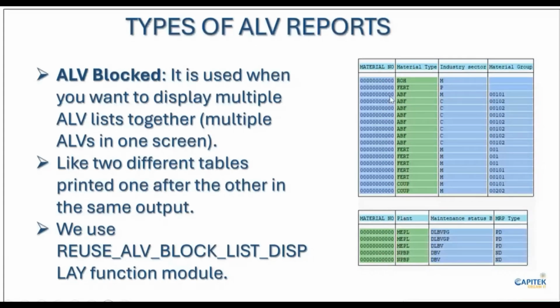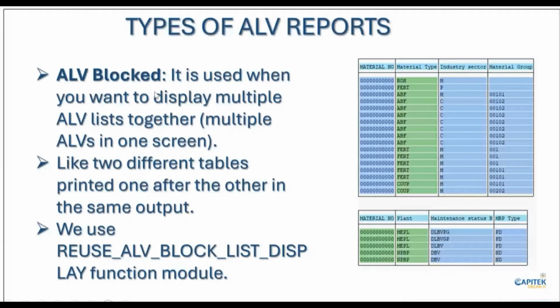So blocked ALV looks like this, and the function module used for blocked ALV is REUSE_ALV_BLOCK_LIST_DISPLAY. This is the function module that you will be using for ALV blocked.